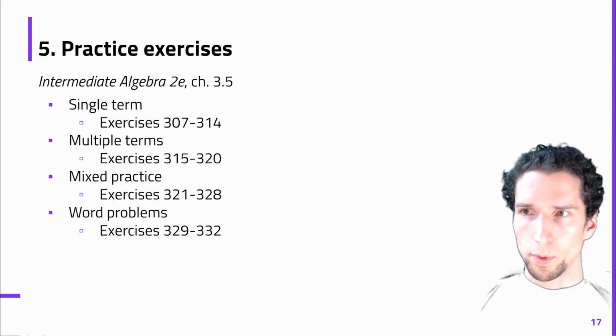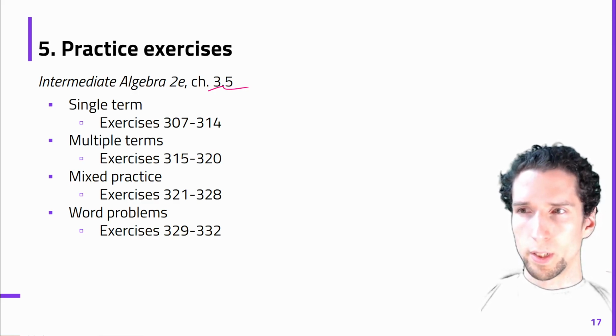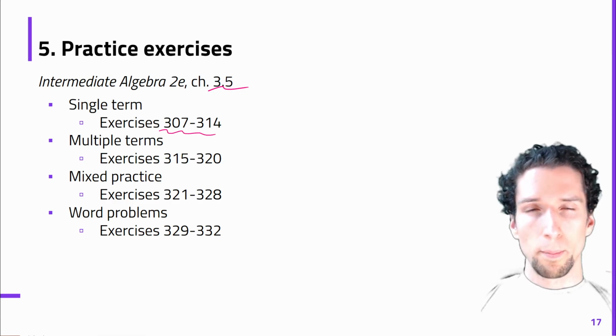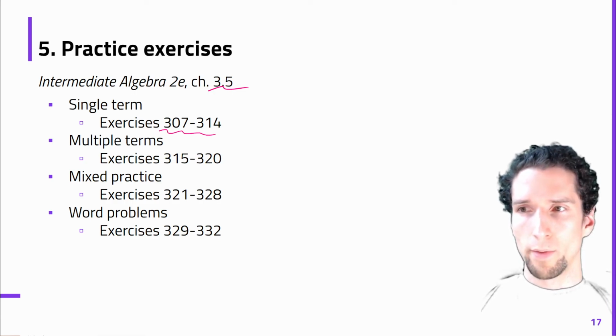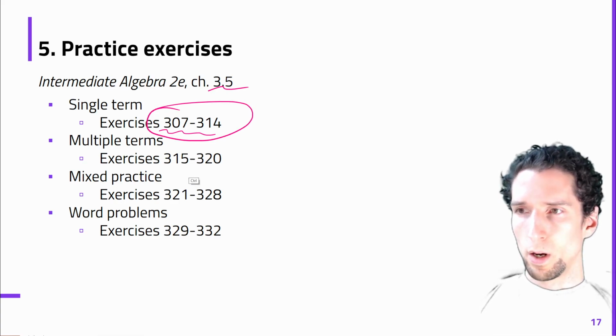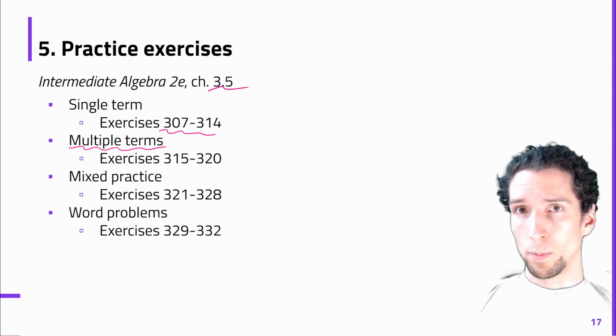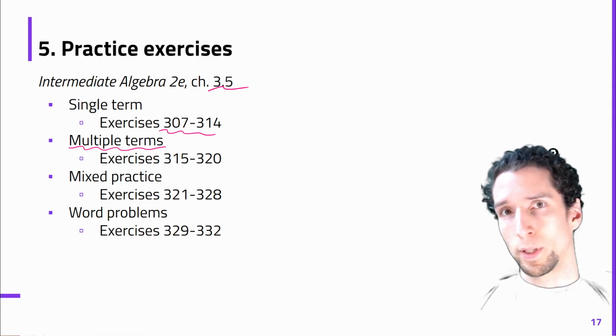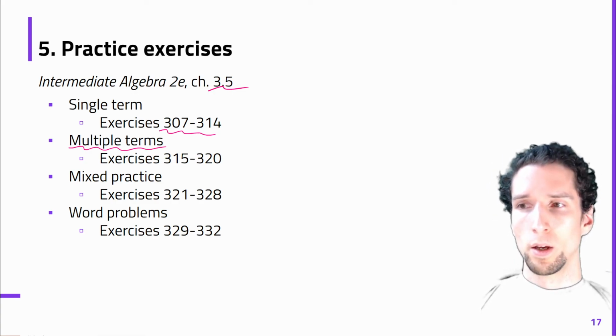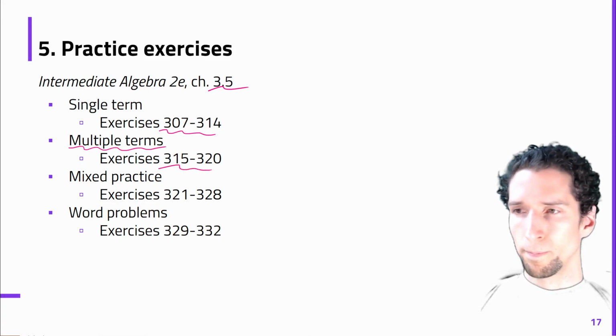In our Intermediate Algebra textbook, section 3.5, if you want to do some practice with just substituting single numbers or single variables into a function, you can do that with these problems here. If you want some practice substituting in multiple terms like g of x plus 5 or something, that is in these problems here.